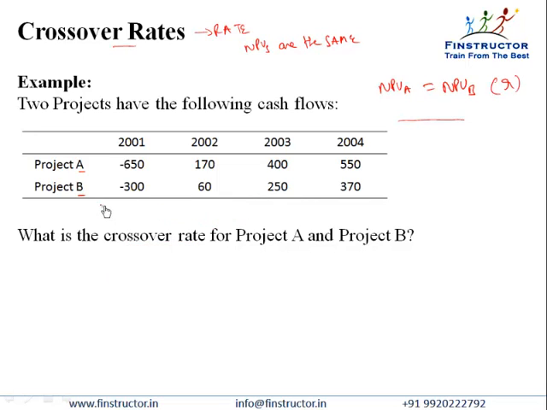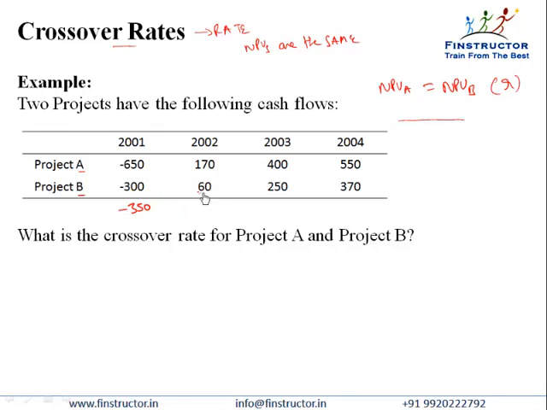Now please carefully understand the explanation, as your curriculum notes don't explain this too well. But if I look at project A, or rather, can project A be simply thought of as project B and another negative cash flow of $350 at t equal to 0? Or in 2001?